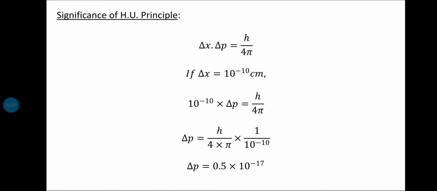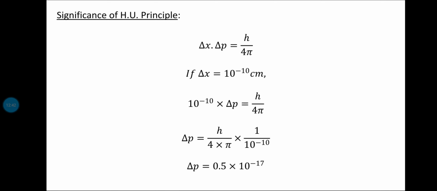Classical mechanics says that both position and momentum can be determined. That is the postulate of classical mechanics. But here, it is not so. So the Heisenberg uncertainty principle is taking us from classical mechanics to quantum mechanics.